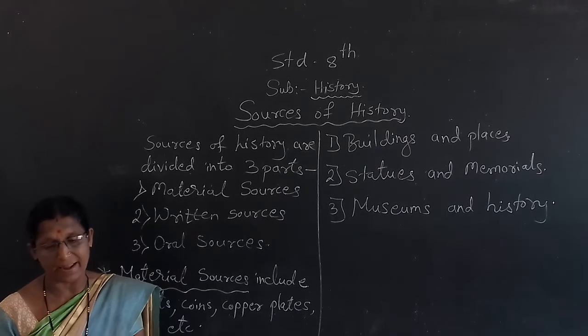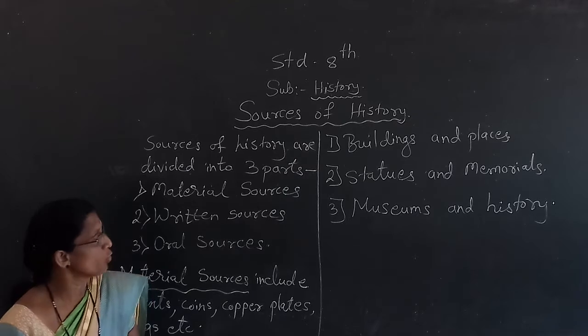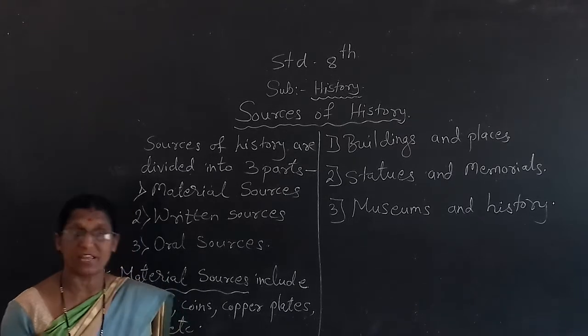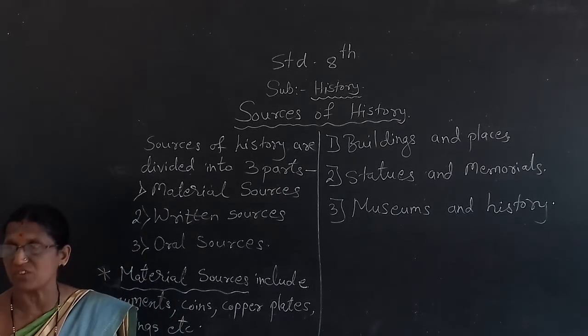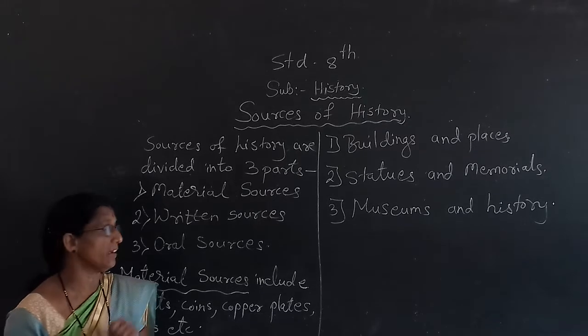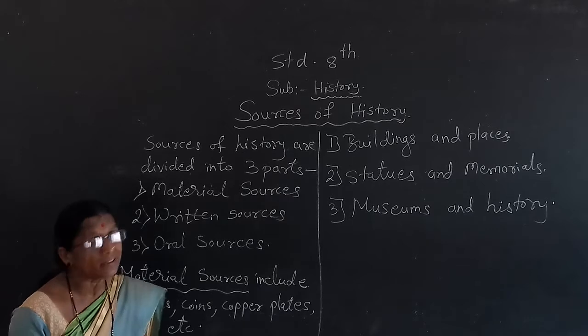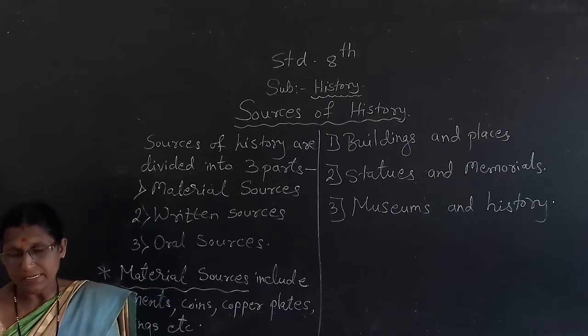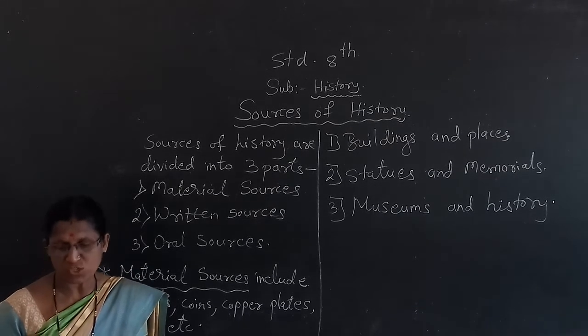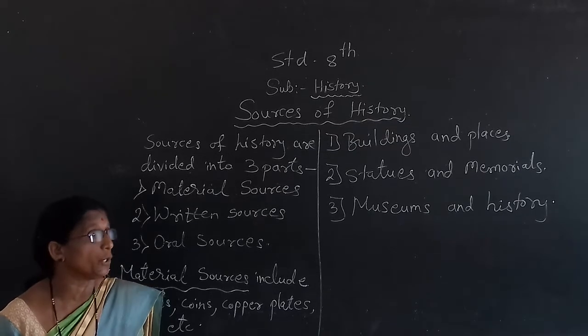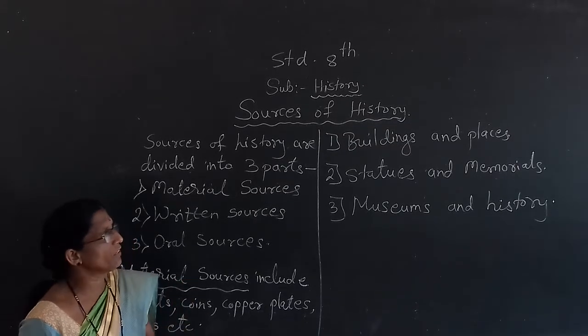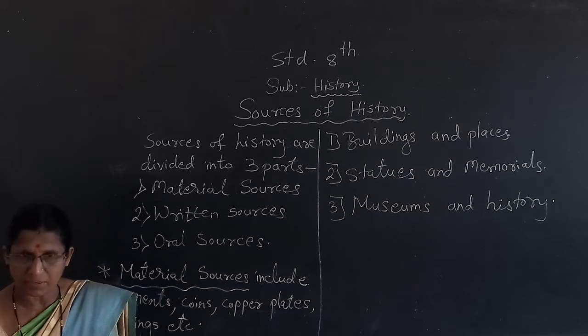Some are declared as national monuments. Some of the buildings have been declared as national monuments because the way of the construction is totally different. It has been very attractively made, and that is why they have importance at the national level. Some are declared as national monuments, while some are converted into museums. Many of the palaces in those days, the kings were living in palaces.